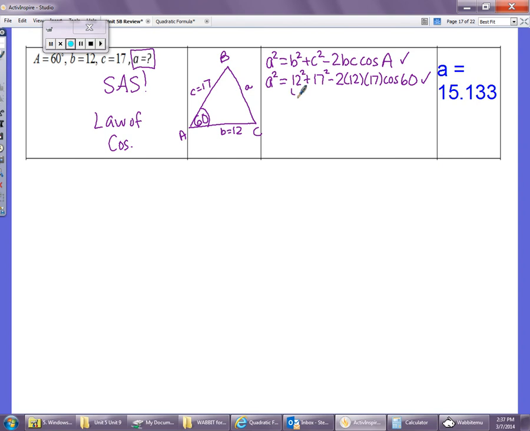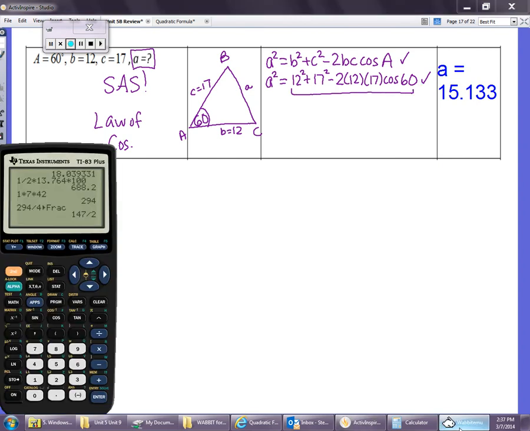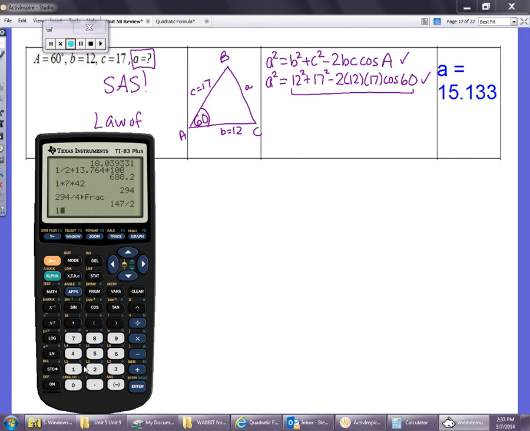Great thing is you can put it all in your calculator. So 12 squared plus 17 squared minus 2 times 12 times 17 times the cosine of 60, and it gives you 229.